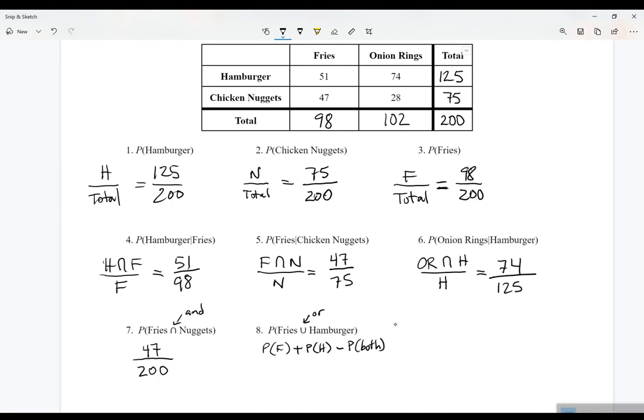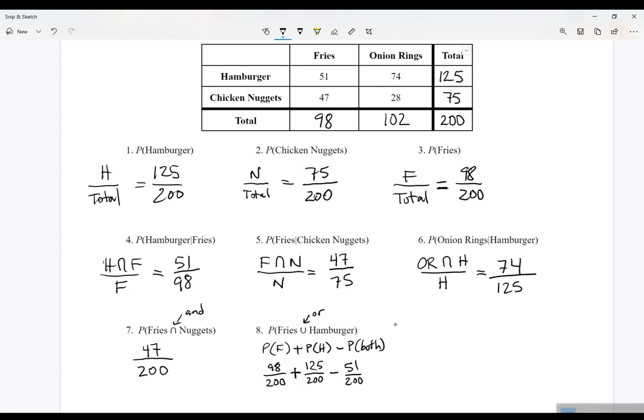So the probability of fries is 98 over 200, plus, not multiply, plus the probability of hamburger, which is 125 over 200, minus the probability of both, which is 51 over 200.